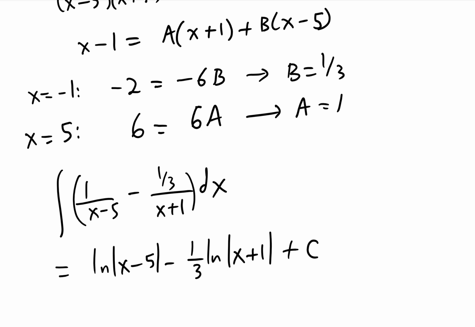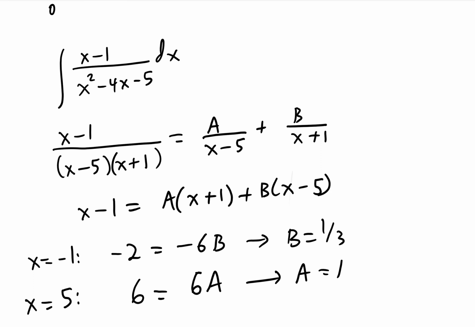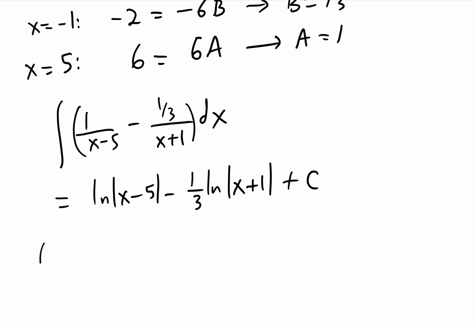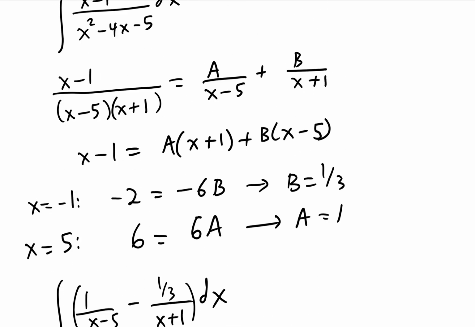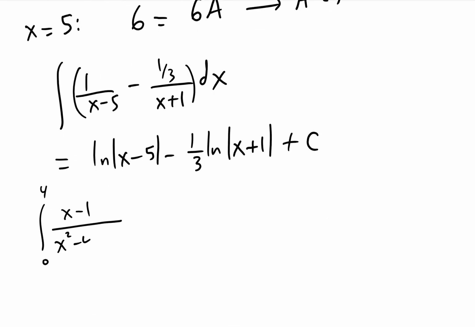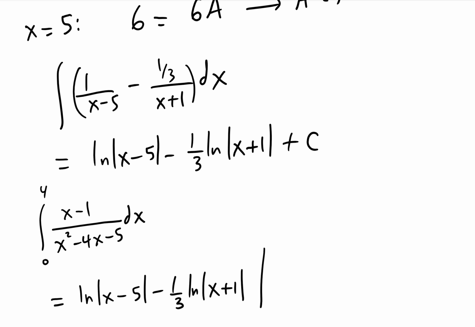Now, what we're going to do after this step is the bounds are 0 to 4. So we're going to do the integral from 0 to 4 of (x minus 1) over (x squared minus 4x minus 5) dx. So this is what we got, natural log of the first one plus natural log of the second one from 0 to 4.